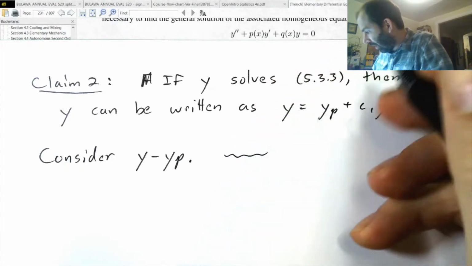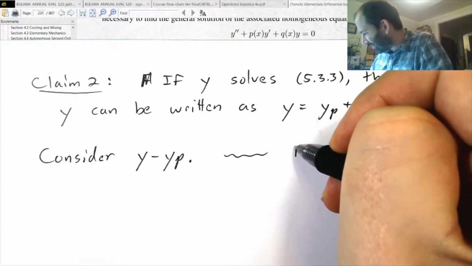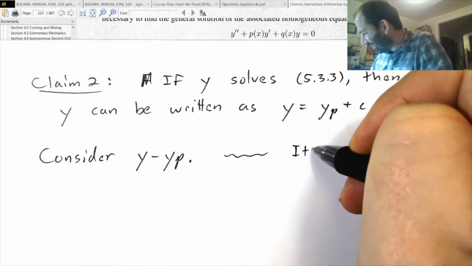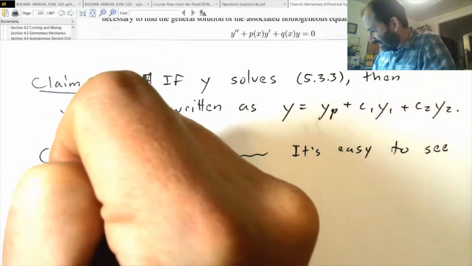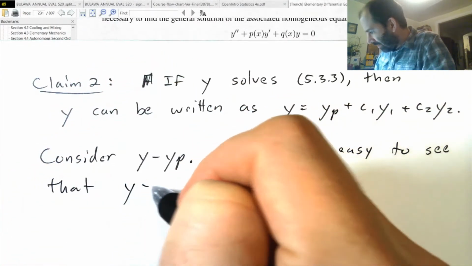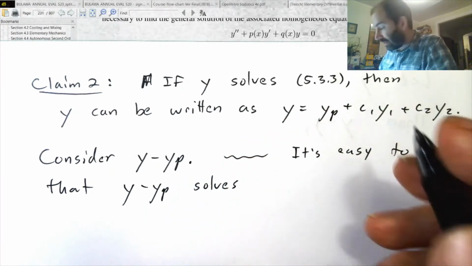It can be shown, I'll just say it's easy to see, that y minus yp solves the complementary equation.